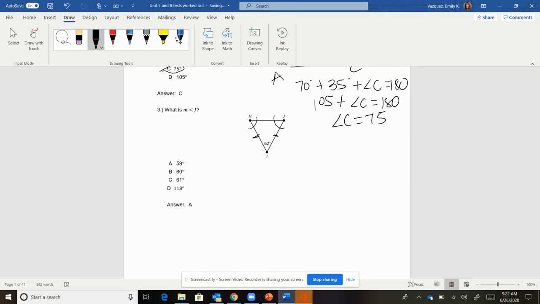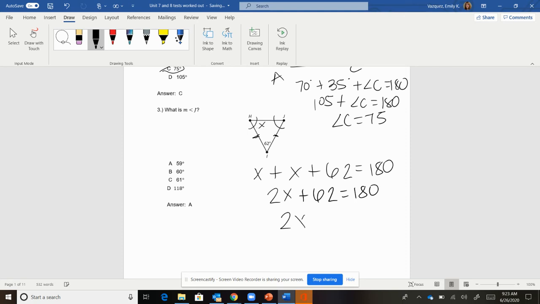So let's say I call this X, for example. So what I have here is the exact same measurement. So let's say X plus X plus 62. All of those should add up to equal 180 degrees. I'm going to combine my like terms, and then I'm going to subtract 62 on both sides.